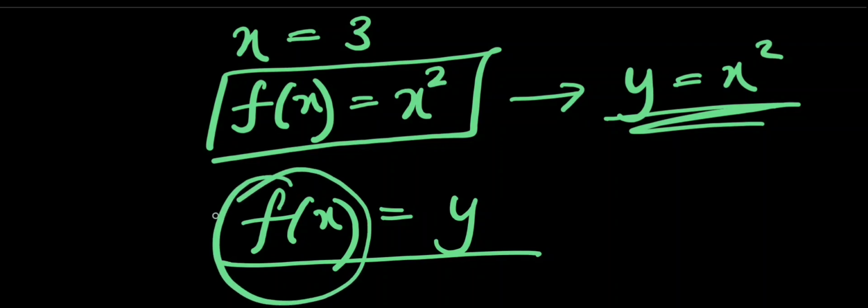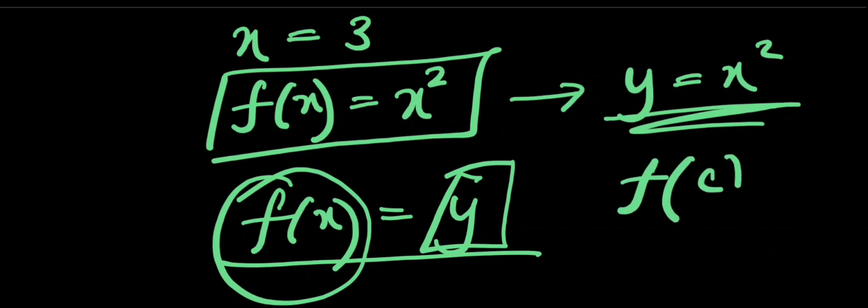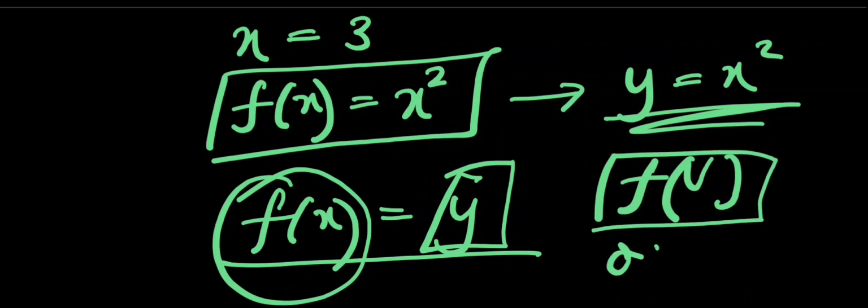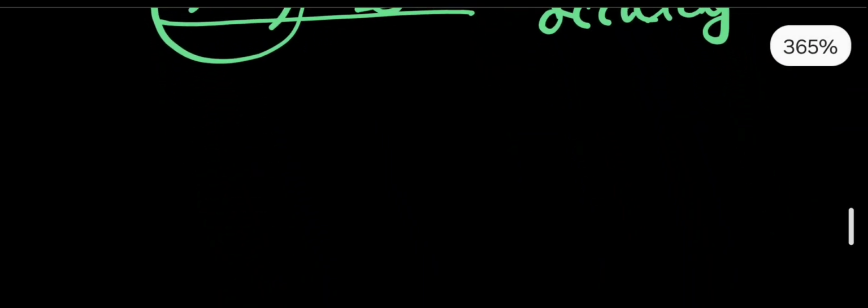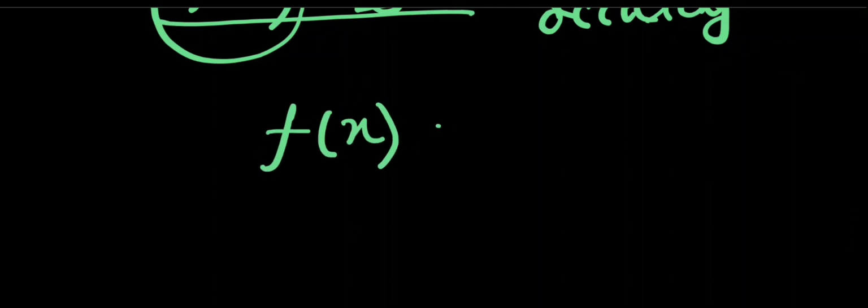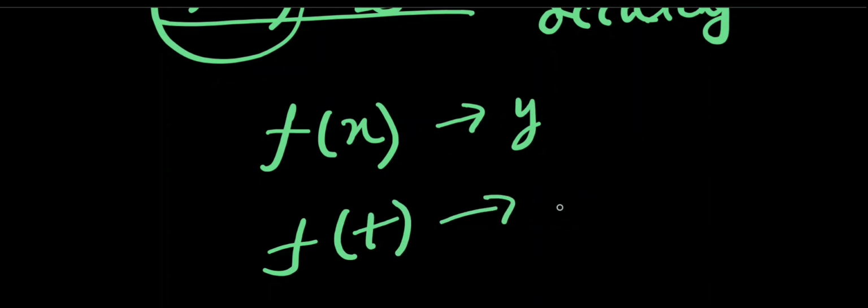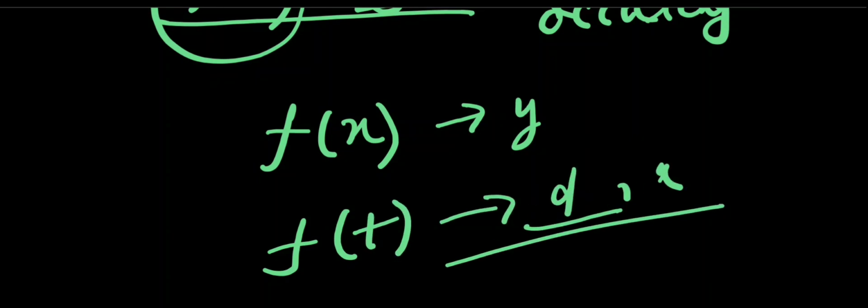So you represent change happening to x as a variable y. Remember, f of whatever variable you have is a change occurring in that variable. So you could obviously give it another variable. A change happening in x can also be represented as y. A change happening in t could also be represented as d, a, whatever.